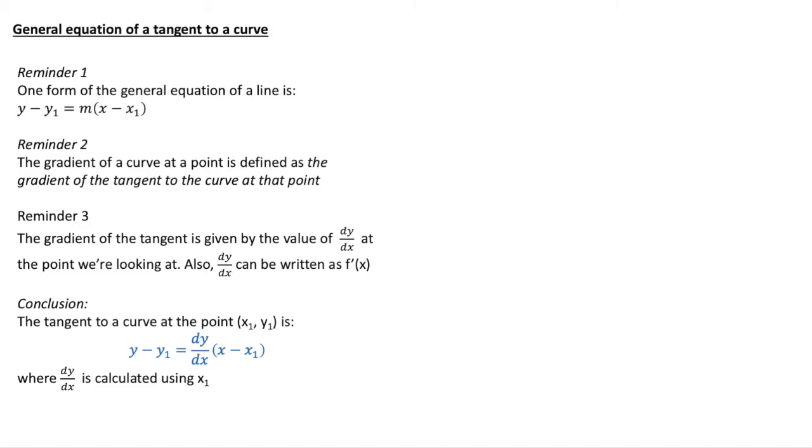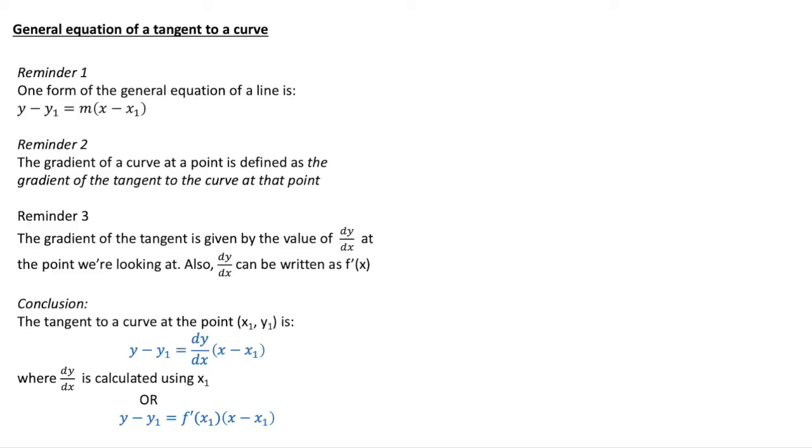Conclusion. If we want to find the tangent to a curve at the point (x1, y1), then it is y minus y1 equals dy/dx times (x minus x1), where dy/dx is calculated using the value x1. Another way we can write it is y minus y1 equals f'(x1) times (x minus x1).